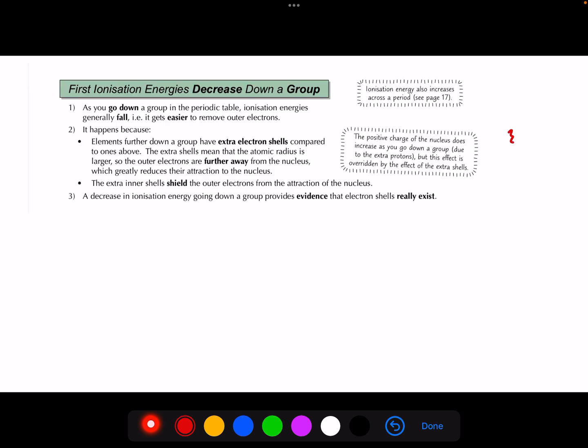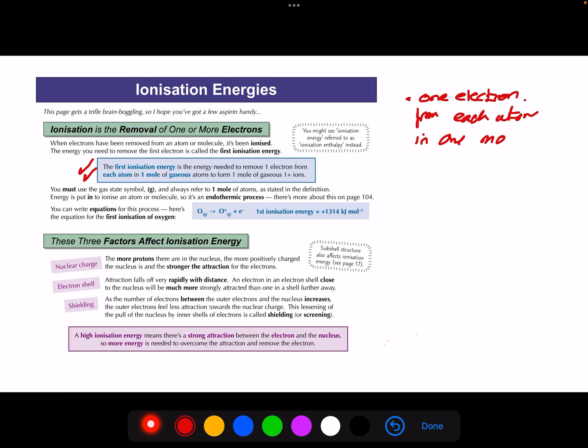So don't forget, guys, to quantify the amount, we're talking about 1 mole of atoms, and this has to be in the physical state of gas.